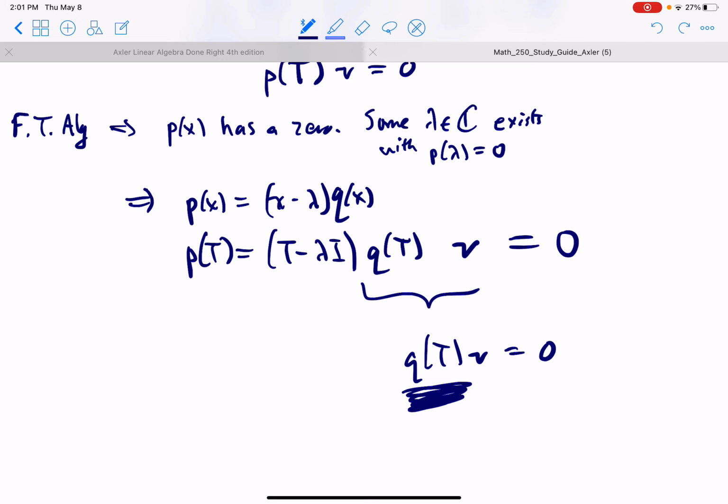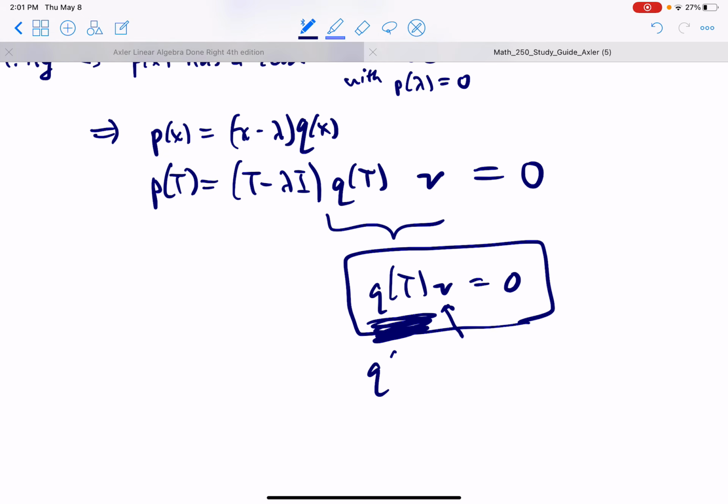So now a smaller degree polynomial is 0 on this vector, but q of x is a polynomial again. So q of x has some other root, maybe lambda tilde, or maybe we can call it mu, where mu is in the complex numbers by the fundamental theorem of algebra, and we just repeat the result.